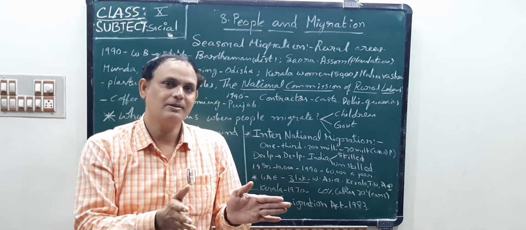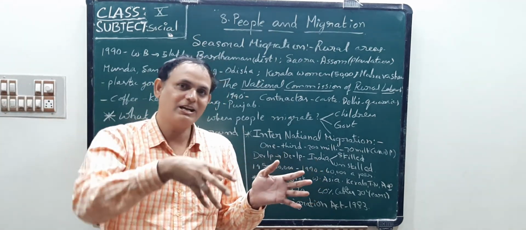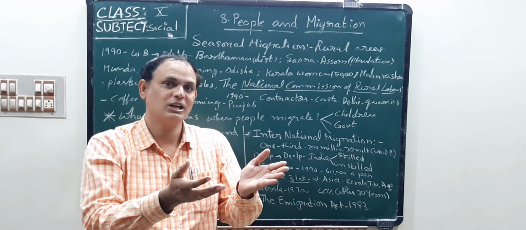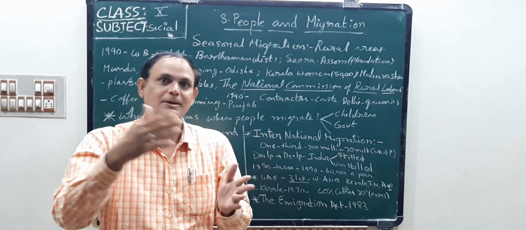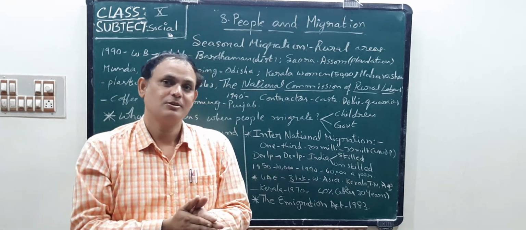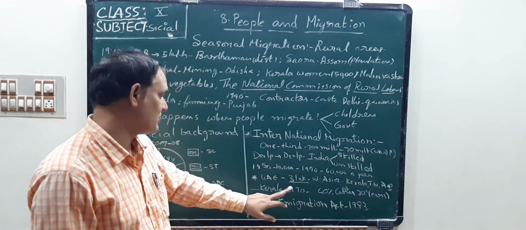In this way, with remittance being sent to our country, the economic position also becomes better than before. Okay children, why? Because they are sending some remittance from foreign countries. So that is one of the benefits.